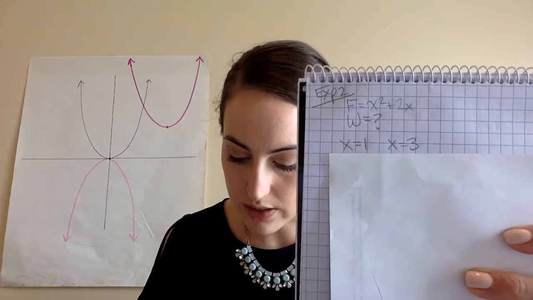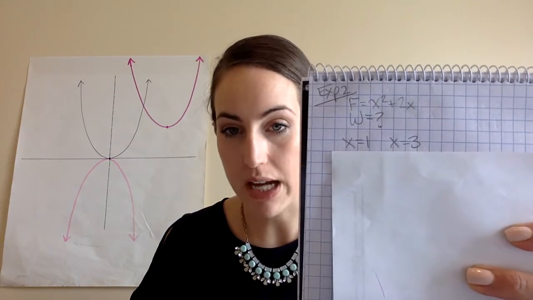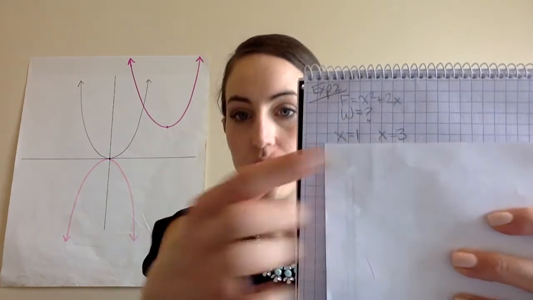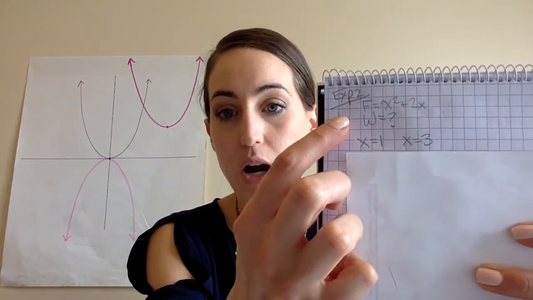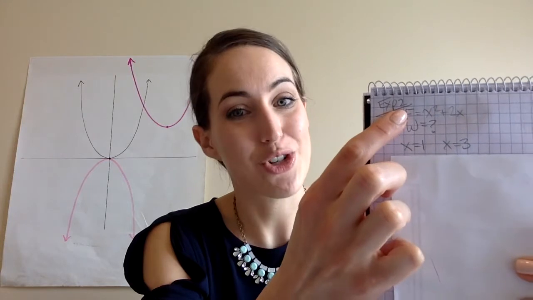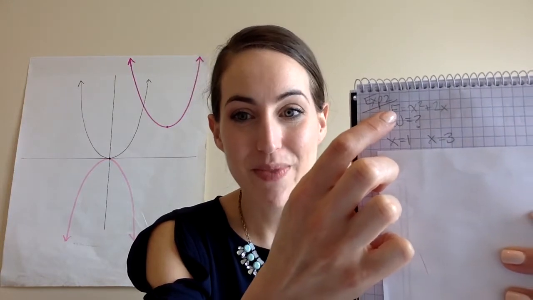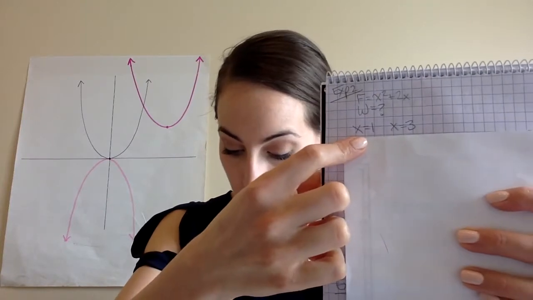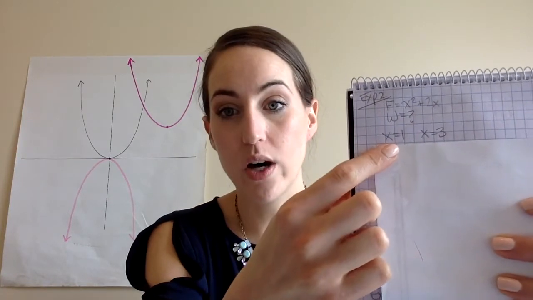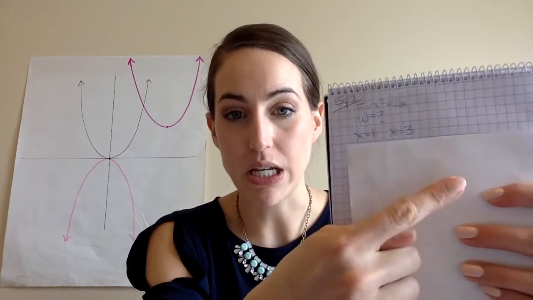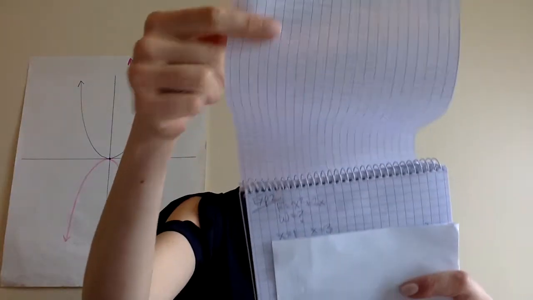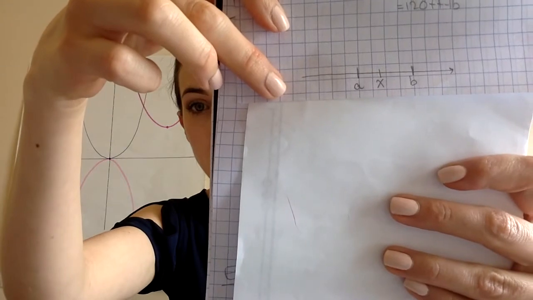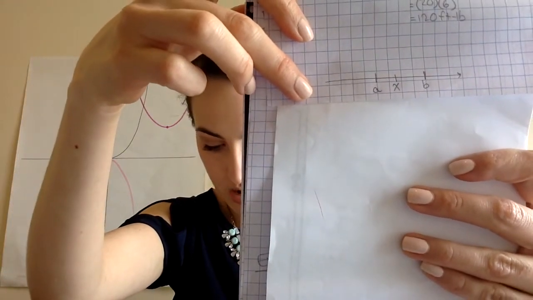How much work is being done in moving it from x equals 1 to x equals 3? And so we're looking for work, so I have W equals question mark. We know our force, which is a changing force now, a variable, x squared plus 2x, and we're looking at that from when x is 1 to x is 3, and that's from a to b, right there. So our a is 1 and our b is 3 there.